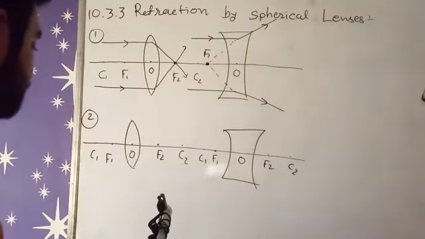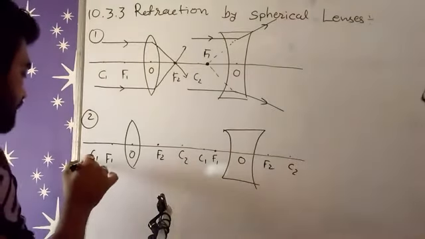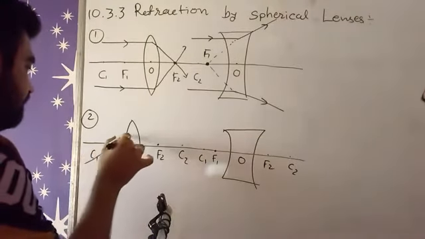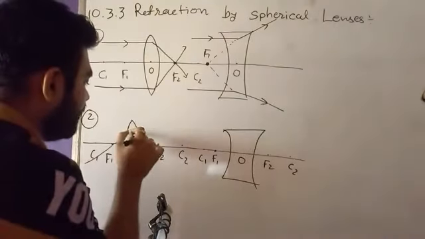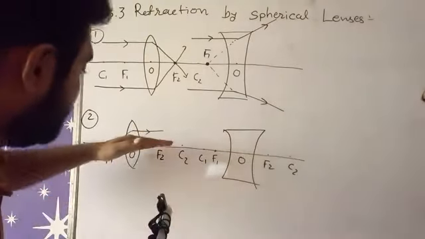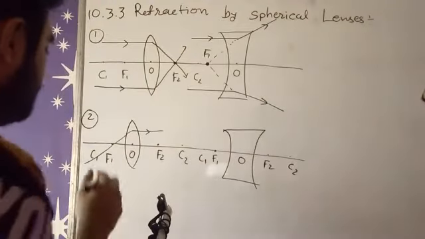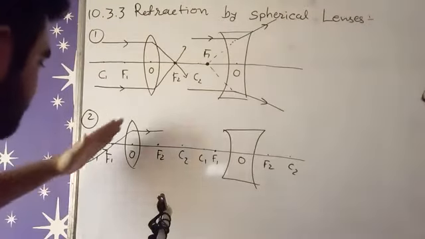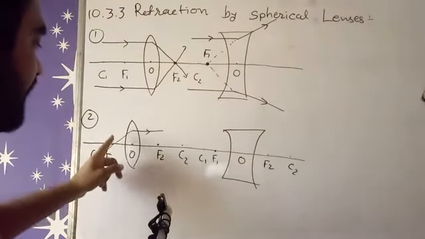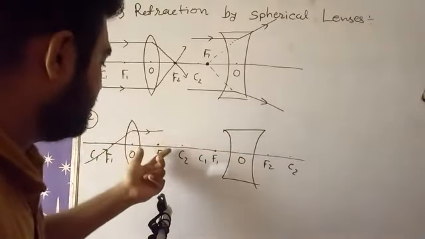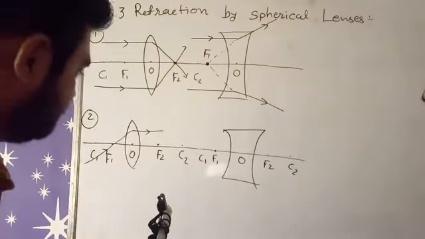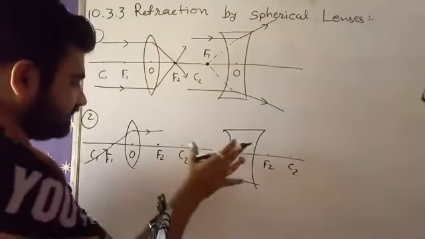Now whenever any light passes through F1, after getting refraction here, it will move ahead parallel to the principal axis. So whenever a light ray passes through the principal focus, after refraction it moves ahead parallel to the principal axis. So that is the second characteristic here.